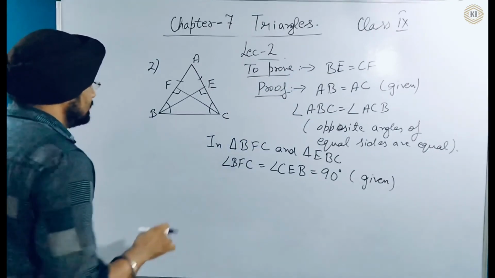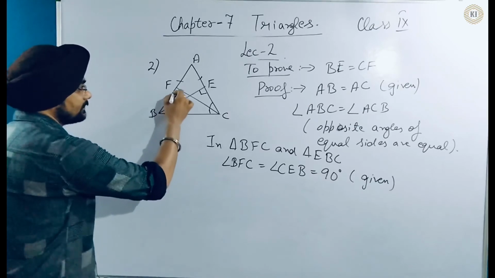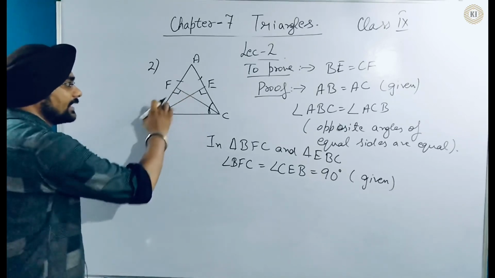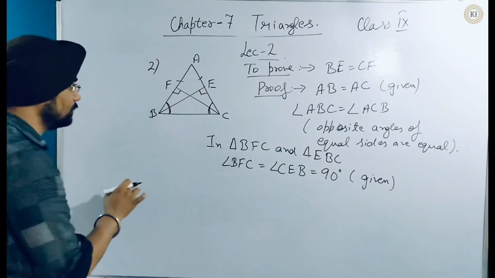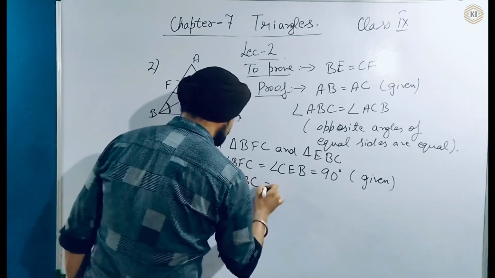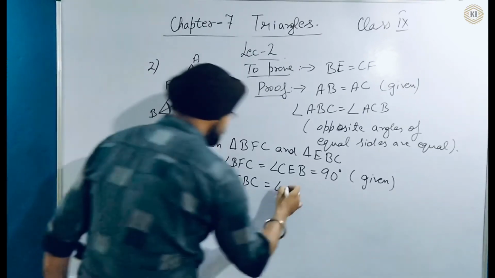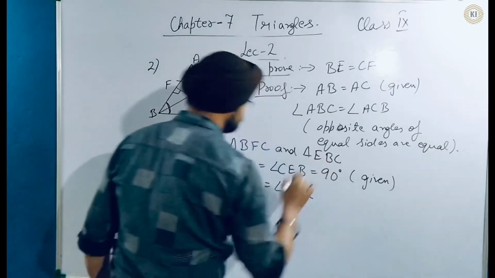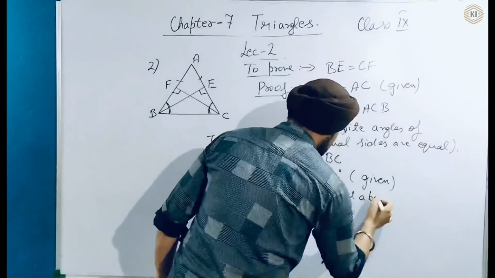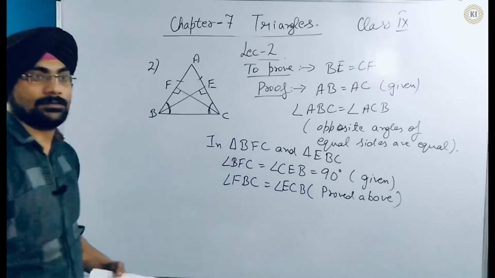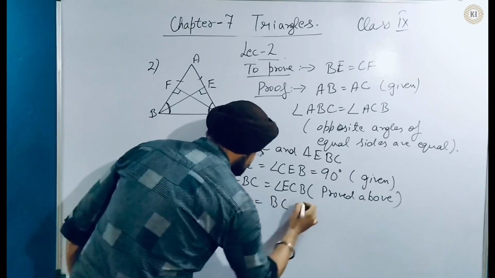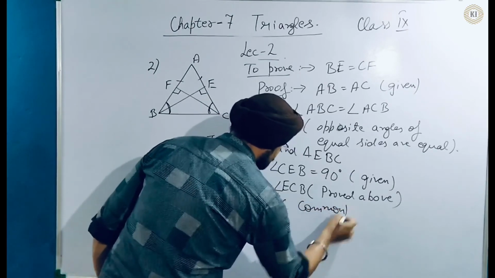Second, these two angles are equal, and these are a part of triangle FBC and ECB also. So we can write angle FBC will be equal to angle ECB, proved above, or you can write isosceles triangle property. Next you can see BC side is common. BC is equal to BC, that is common.